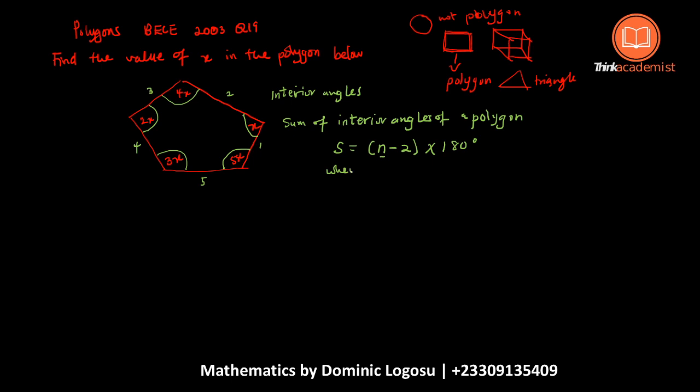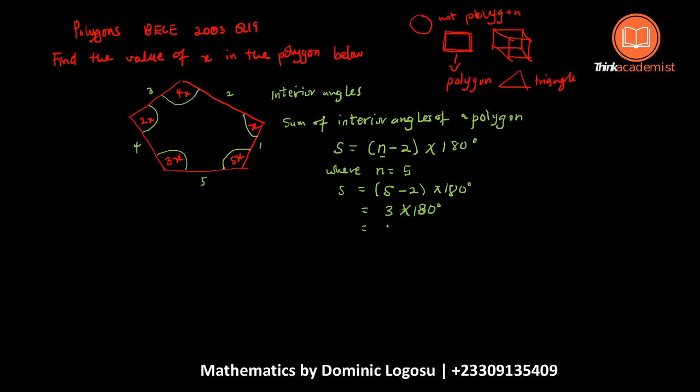So we can boldly state that n equals 5. So we'll put in (5 minus 2) times 180. 5 minus 2 times 180 will obviously give us 3 times 180.